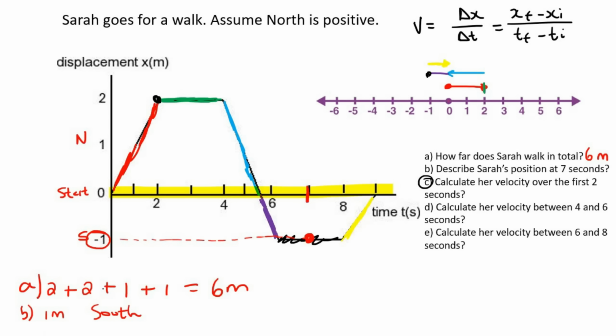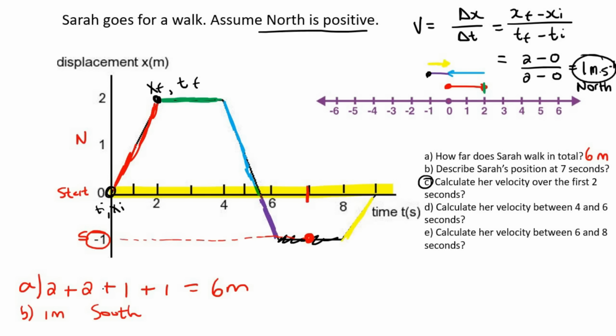So this part here would be the final displacement and final time, and this part here would be the initial time and initial displacement. And so that's going to be 2 take away 0 over 2 take away 0 again, and that's going to give us 1. Now that must be in meters per second, and then we will also say north, because north is positive, and we just got a positive answer.